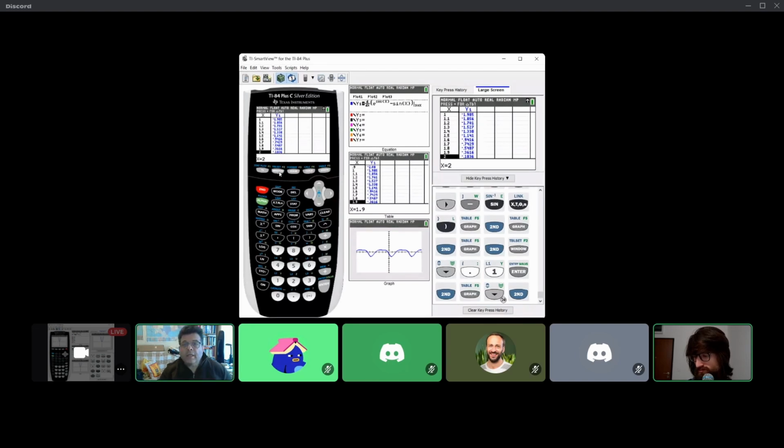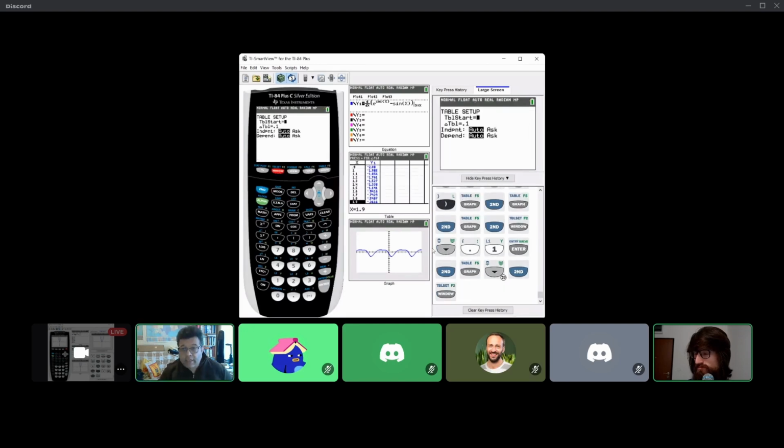But we can also go to table set, and then we can say the table start. No, we don't have to start at 1 now. We can go to 1.9. So we can say start the table at 1.9 and go in 0.05 increments.